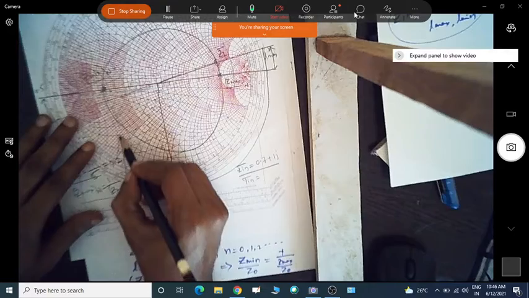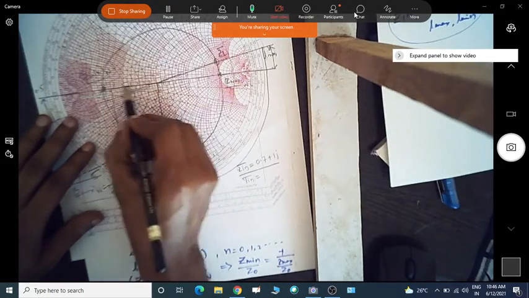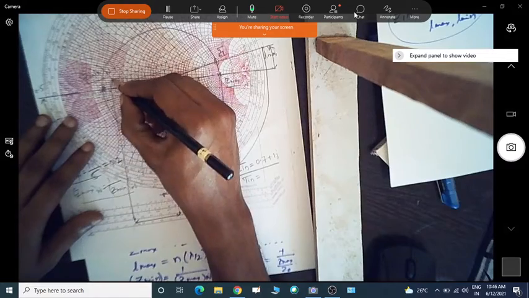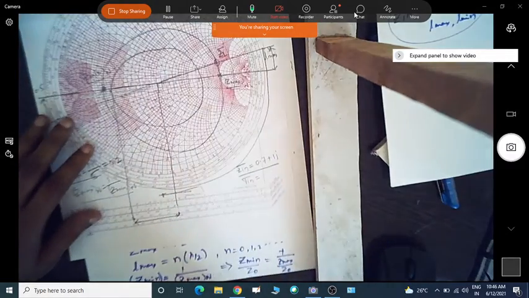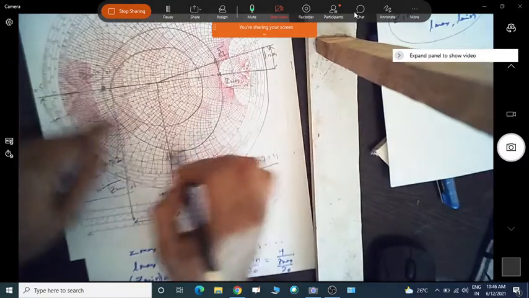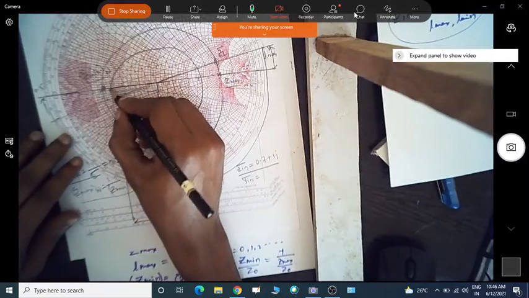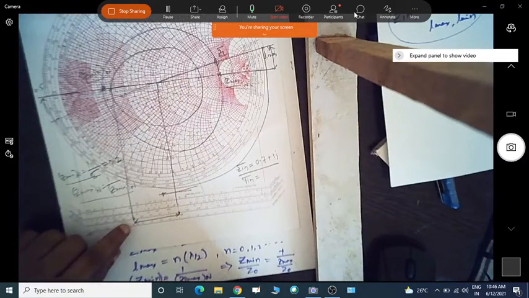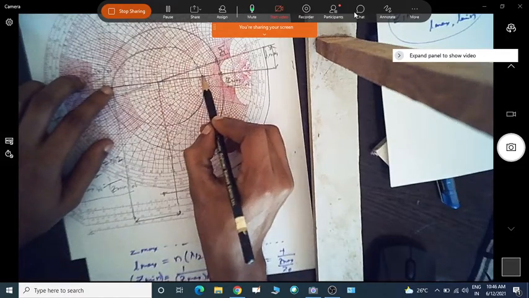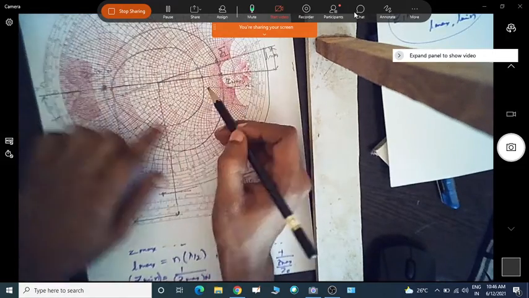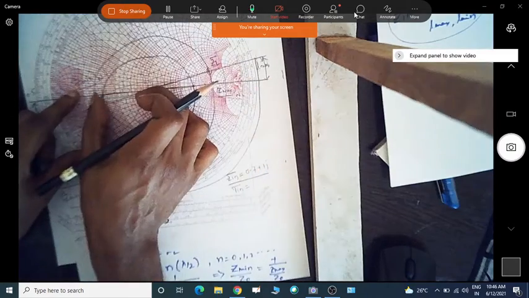If you project it, you will get this much radius. You can take that radius and plot the circle, the VSWR circle or the reflection coefficient circle. So now we have the gamma equal to 0.5 radius exactly, and the same 0.5 radius should come here.